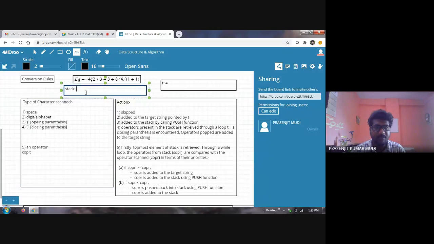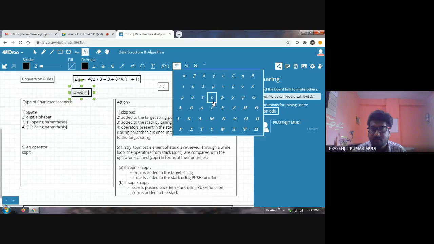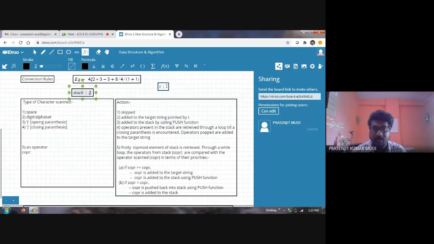So here a dollar sign will be inserted, and in the target string it was 4. These are the contents of the stack and target string after successfully scanning 4 and the exponentiation operator.